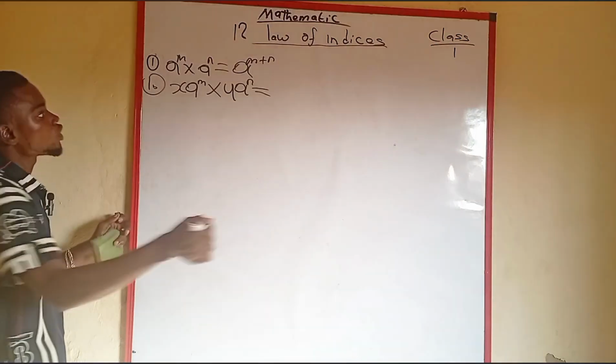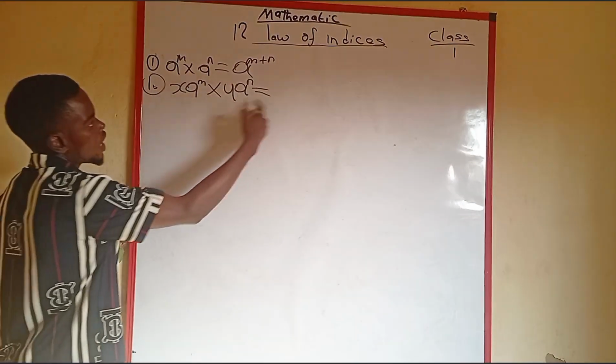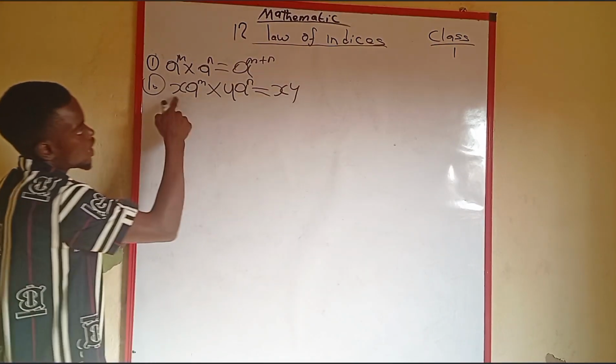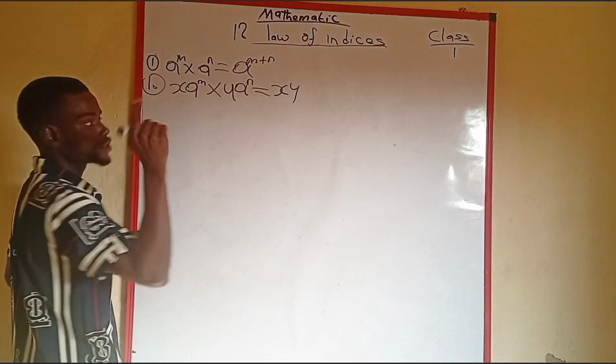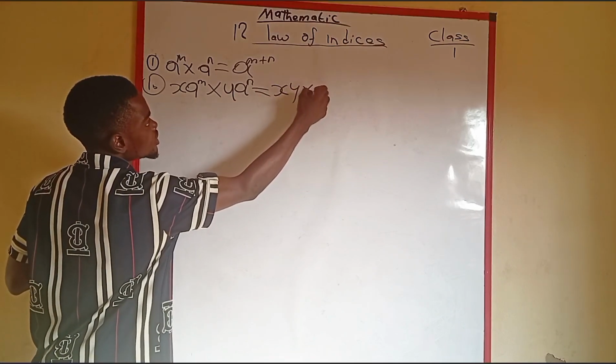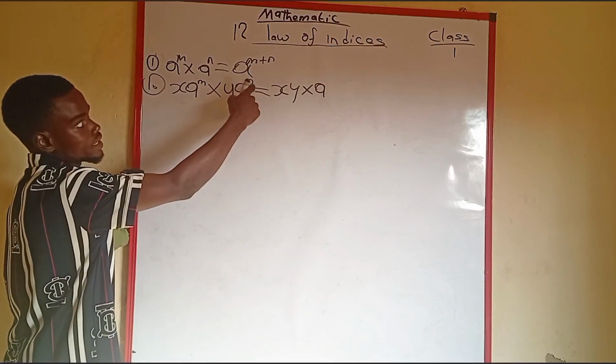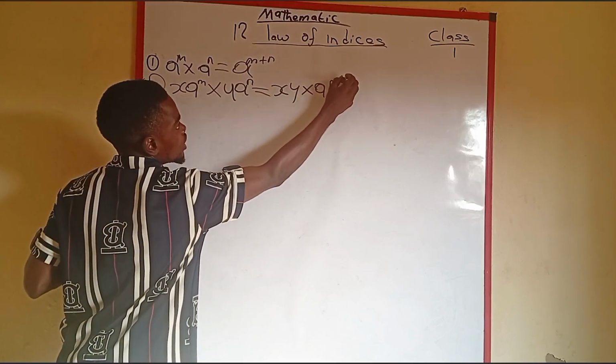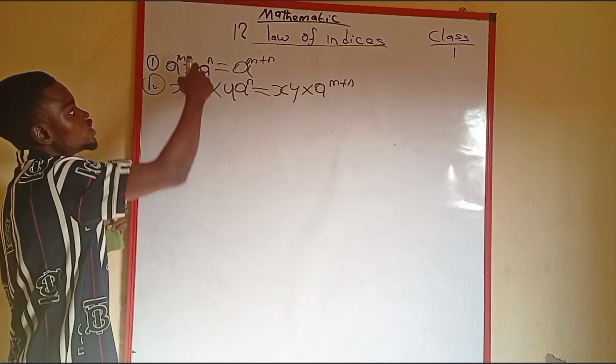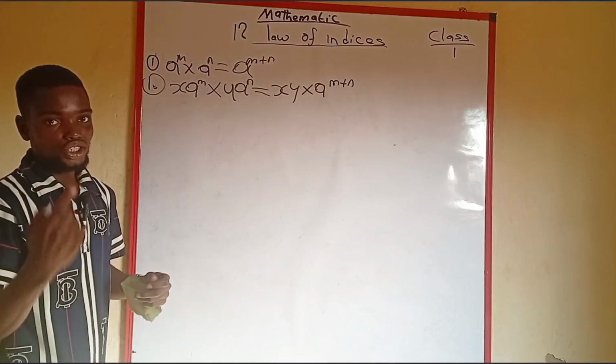Now this is going to be equal to s multiplied by y, and then the base, I'm going to call it just a single base, and then the powers are added together. Why? Because I have it to be in multiplication.